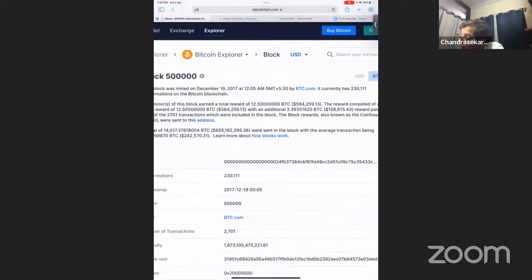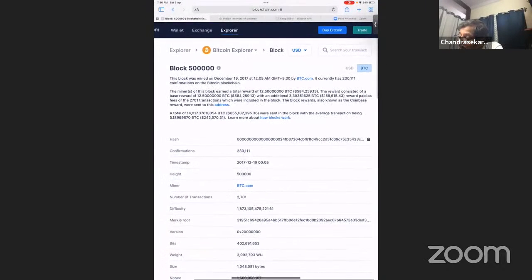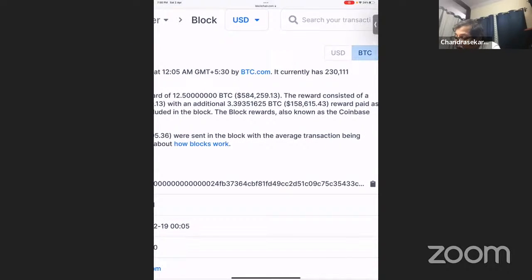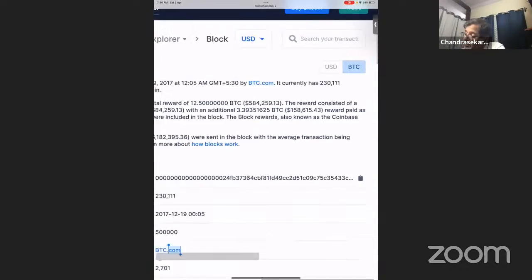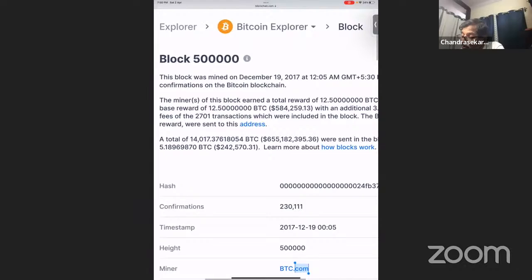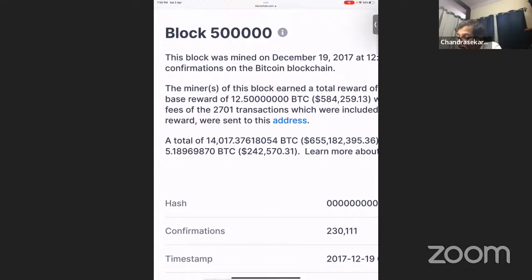And then you see the miner got this reward and an additional reward of 3.39351625 paid as fees of 2,701 transactions. 2,701 transactions were included.